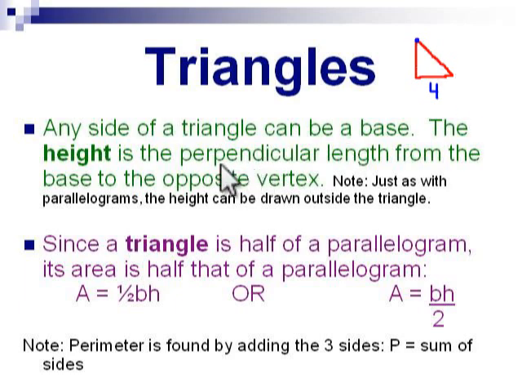Now remember, again, key word here is perpendicular. So I can't go in the middle of the base and then draw a slanted line like that. That doesn't work, because then I don't have a perpendicular height. And I do need it to be a perpendicular height.